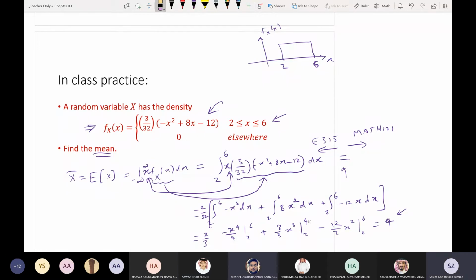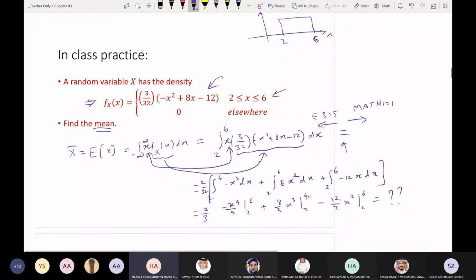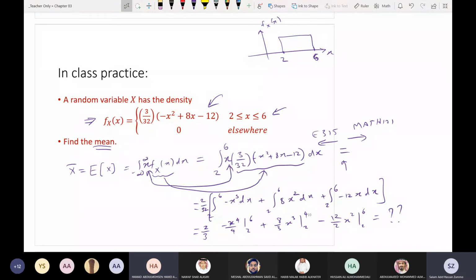Yeah, I don't think it's 4. Look at the big numbers here, it's impossible to be 4. 64, anyway check this up, calculate this. It's impossible to be 64 also. Doctor, I got 2. I used a calculator. I get 2 over 3. So one got 2 over 3, another got 4, and the third got 64.